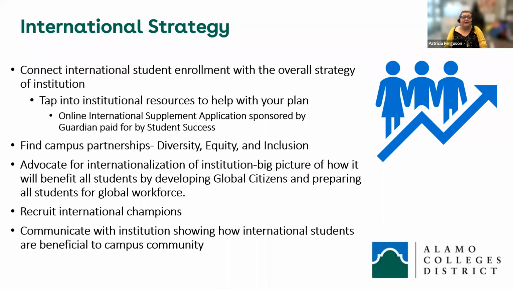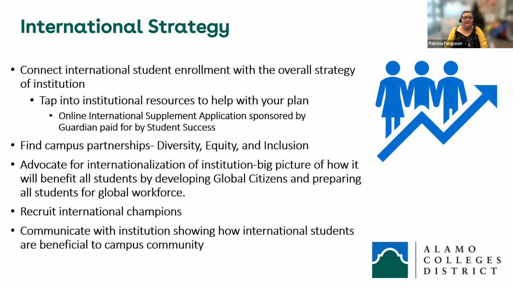So basically for us, our international strategy is to try to increase enrollment, and I keep telling myself it takes a long time to steer a ship. It's not going to turn overnight.